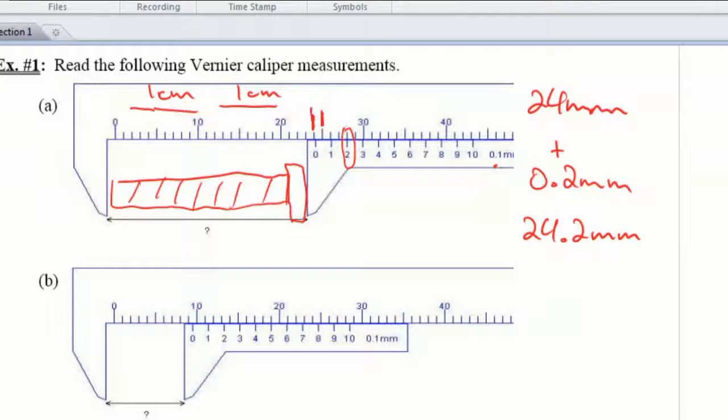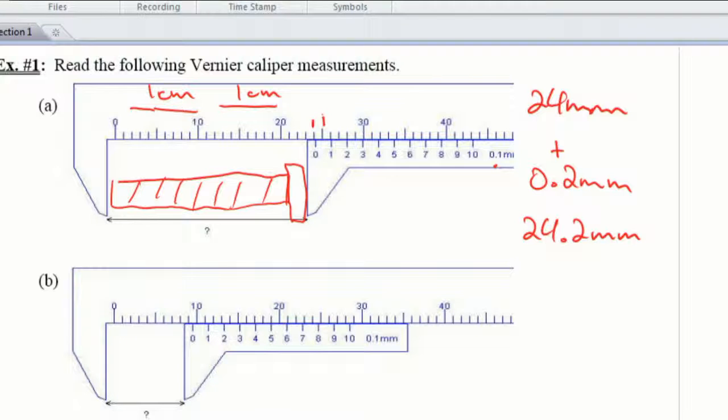If I divide this little space up into 10 parts, where would it be? It looks closer to the 24, so it's going to be a small number. In this case, the 0.2 makes sense because it's not really close to the 5 here. It's more close to the 4.